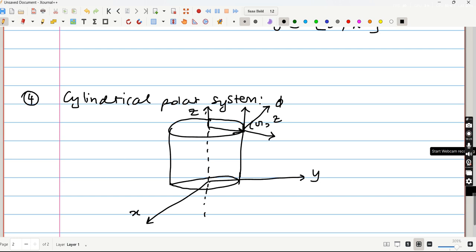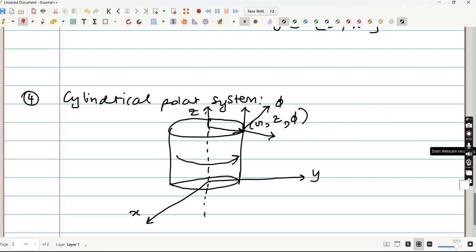It can't move vertically, longitudinally, because the curvature of the cylinder only restricts it to move latitudinally, like this. It cannot move like this because the curvature doesn't allow. If the cylinder was like this, then obviously it can move like this. But we have a horizontal cylinder, so the particle can only move along the curvature of the cylinder, the curved surface area.